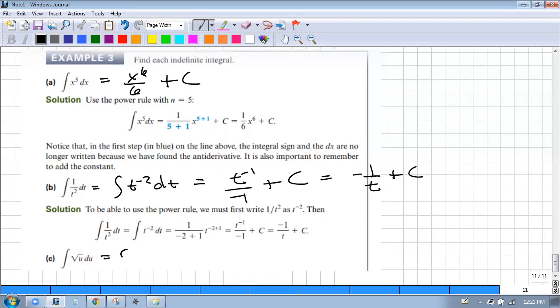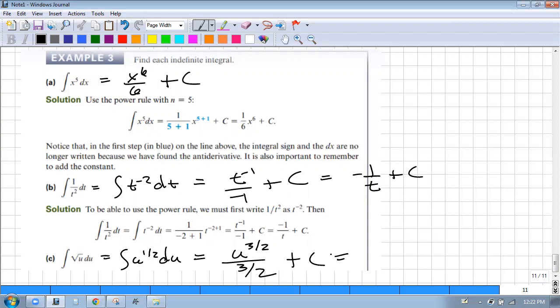All right, this is u to the 1/2 du, right? So we would have to add 1 to the exponent, divide by the exponent. Make sense? If I took the derivative of this, I'd multiply by the 3/2, subtract 1 from the 3/2, I get 1/2.